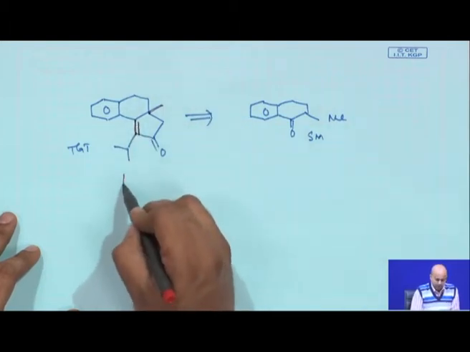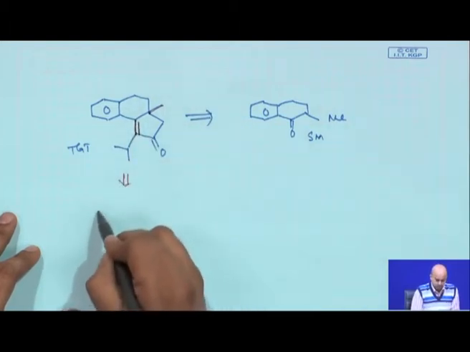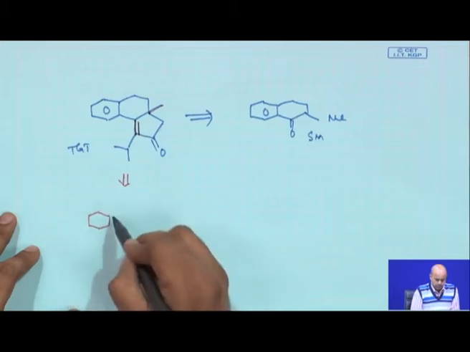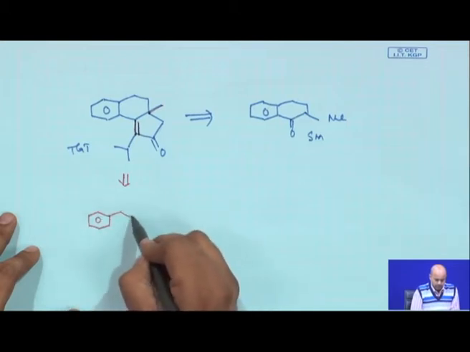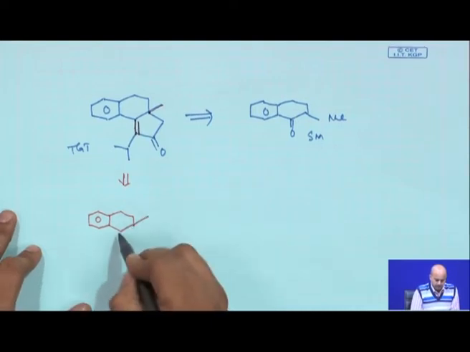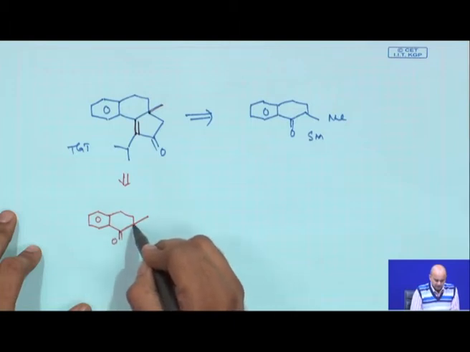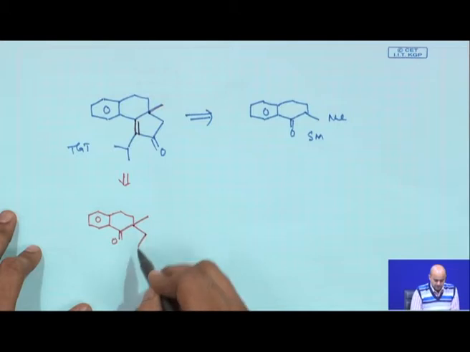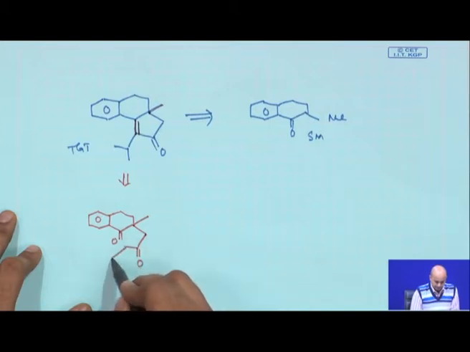Okay. So, if you try to do this kind of disconnection, the first thing that will come into your mind is using an intramolecular aldol reaction, that is pretty obvious actually. So, if you have something like this structure, yes.